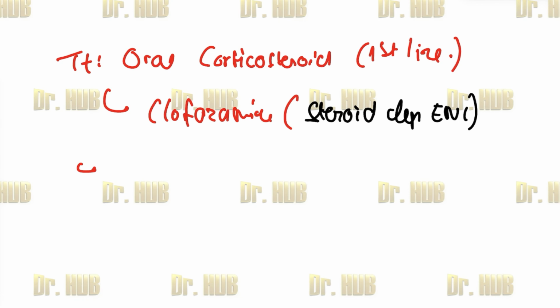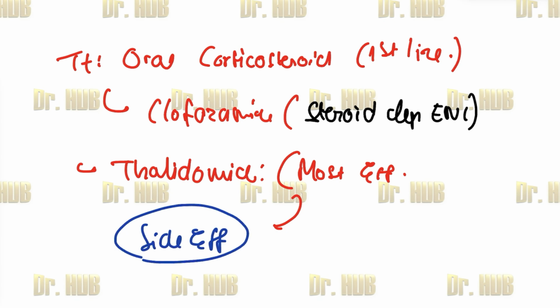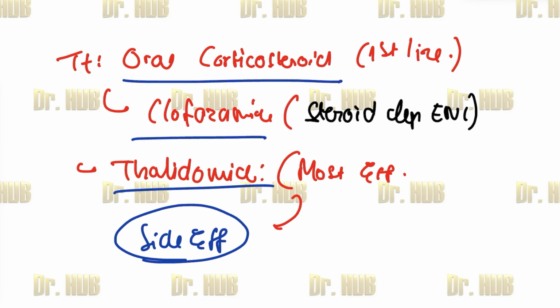There is also thalidomide. Thalidomide is the most effective, but it has various side effects, and because of the side effects it is not given much. So there are oral corticosteroids, clofazimine and thalidomide.